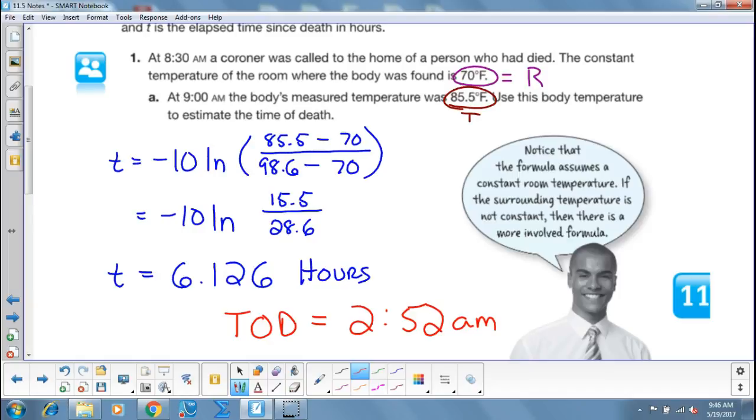Because we're not looking for t there. The question was, estimate the time of death. So 6.13 or 6.126 is not the answer. That's just the time since the death. So you actually have to go back and figure out what the time was. Okay?